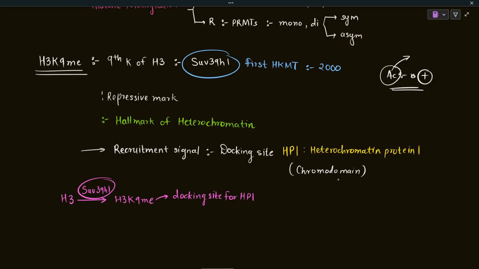Okay, and HP1 is a protein which has a chromodomain, and this chromodomain binds to the H3K9 methylated mark.